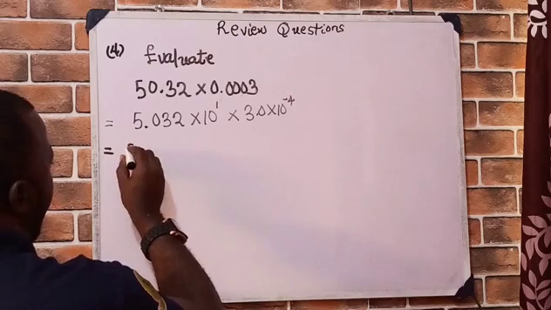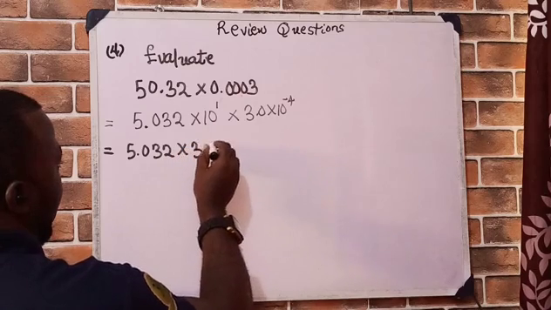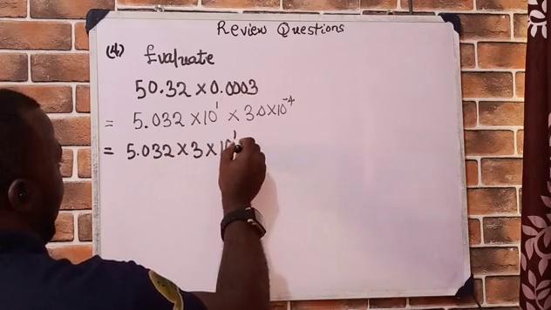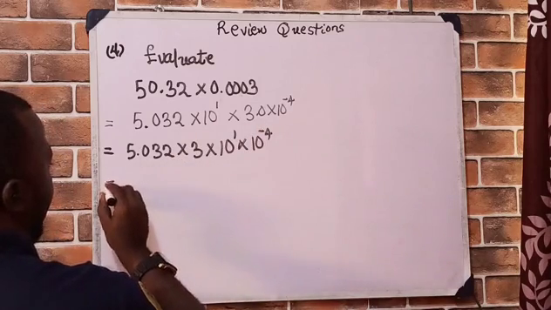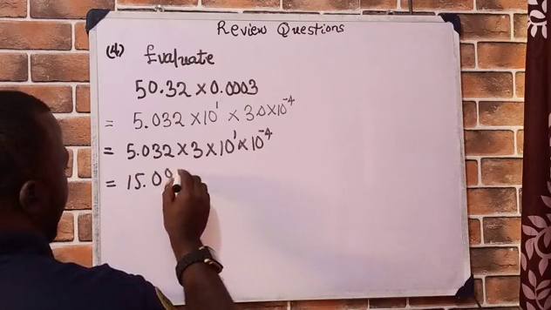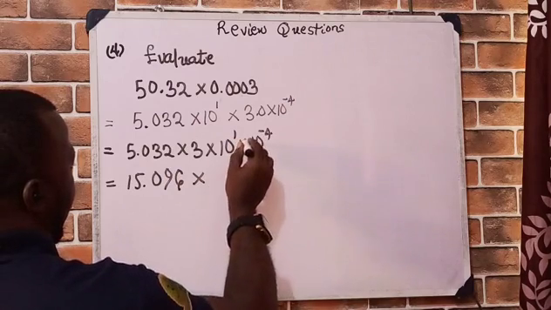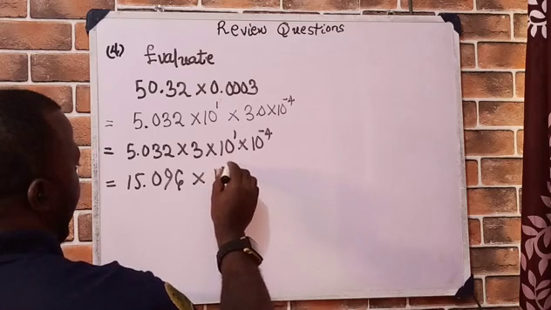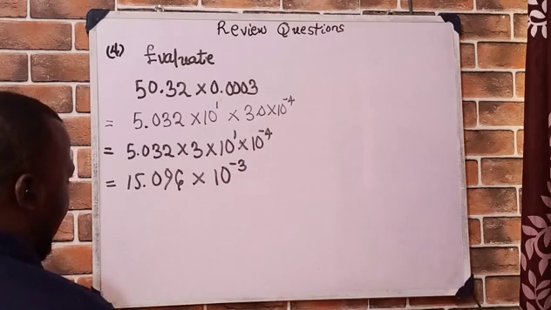I have 5.032 times 3 times 10 to the power of 1 times 10 to the power of negative 4. This times this will give me 15.096. Then applying the laws of indices here, I'll have 10 to the power of negative 3. 1 minus 4 will give us negative 3.